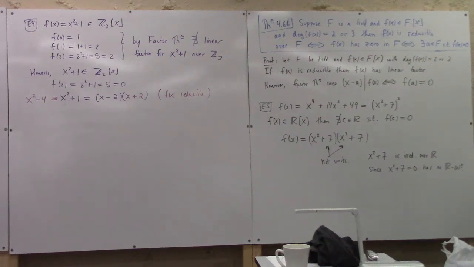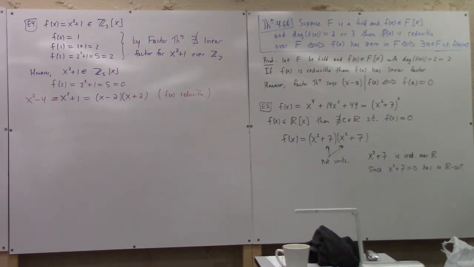Therefore, there's no 0. Hence, f of x bar is irreducible over Z2. And notice that the degree of f of x is equal to the degree of the reduction. They're both 3.